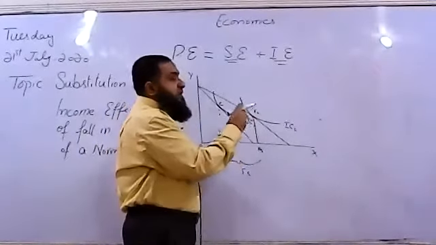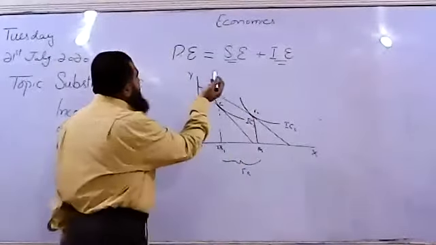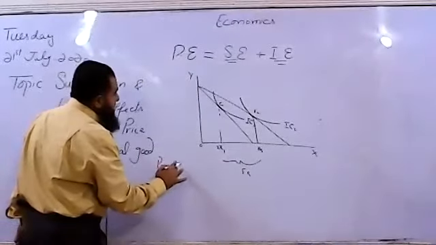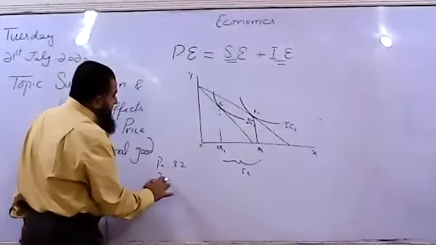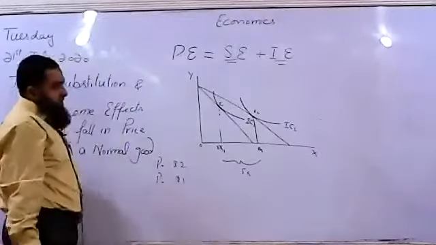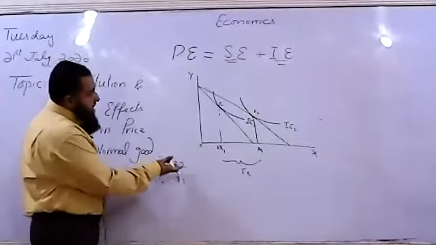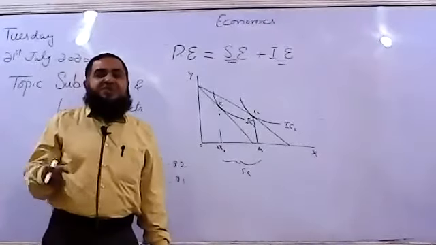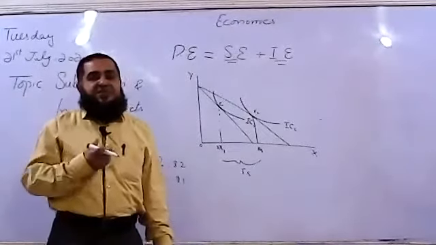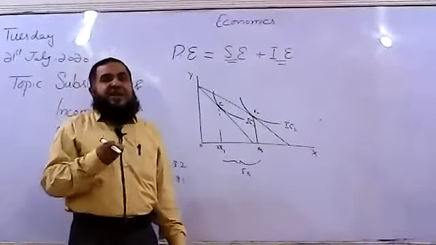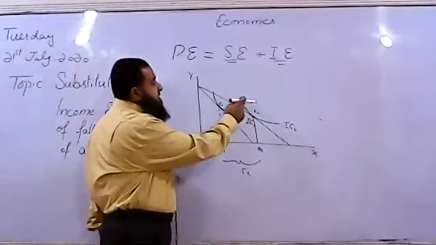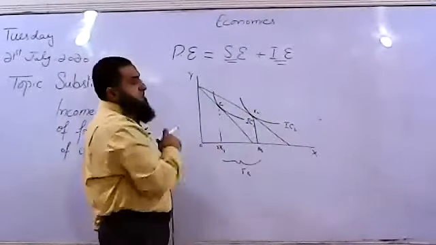Previously price of X was $2, now price of X is $1 or single dollar. So I say 50% of price of X has decreased, so it means 50% of consumer's real income has increased. So if we take away that increase in the real income, this new budget line will shift parallel downward.